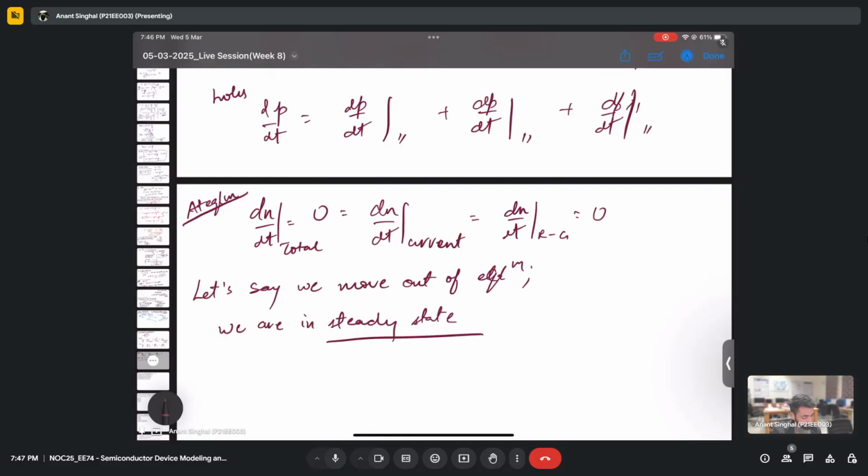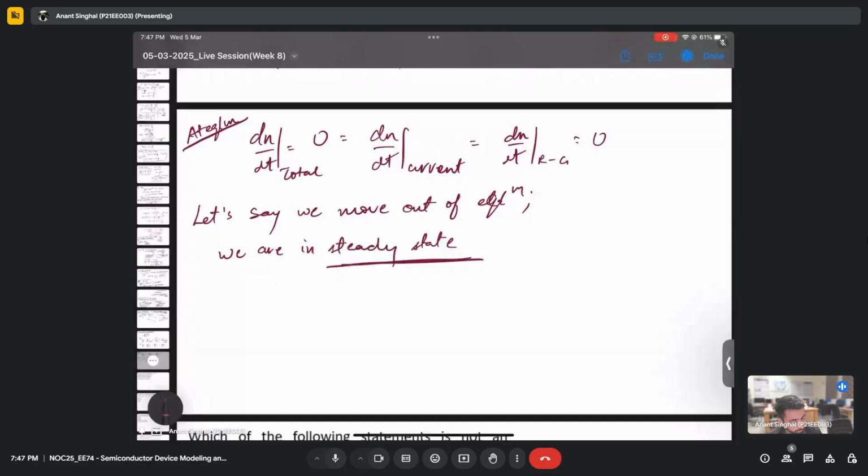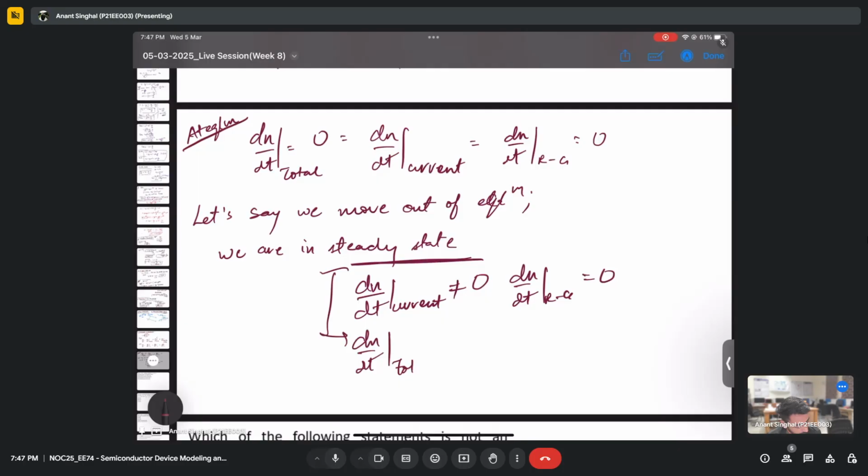The rate of generation would be constant. Yeah. So steady state means that everything has happened. There could be a case that there will be a current, but it is not zero. There will be a recombination generation which will not be zero. But in the steady state, the final total change is still zero.